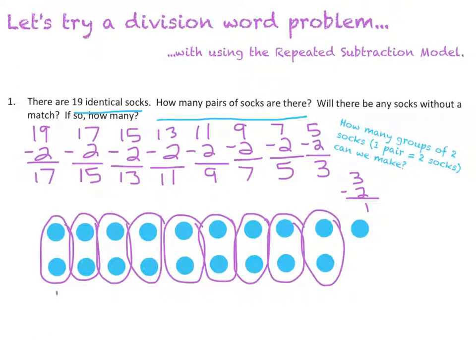So we've made a total of 1, 2, 3, 4, 5, 6, 7, 8, 9 pairs or 9 groups of socks with a remainder of 1. So our solution to how many pairs of socks are there is 19 divided by 2 equals 9 with a remainder of 1.